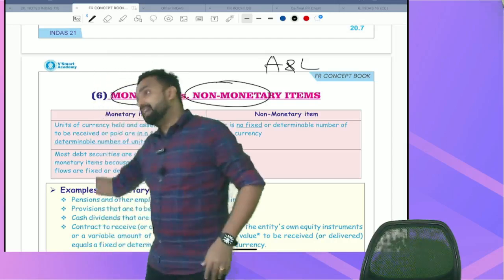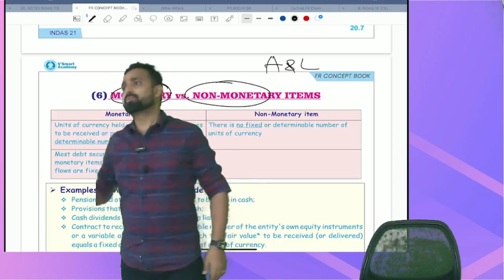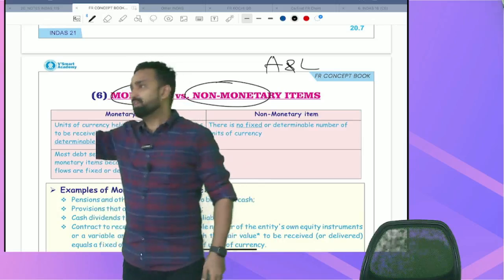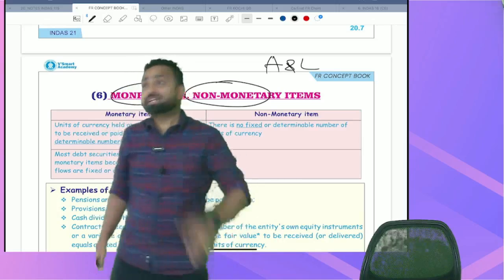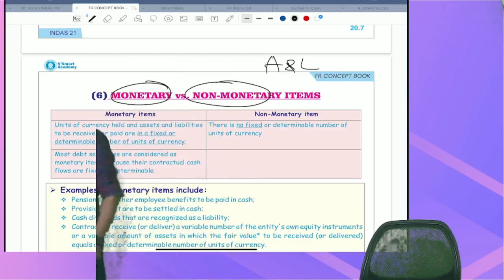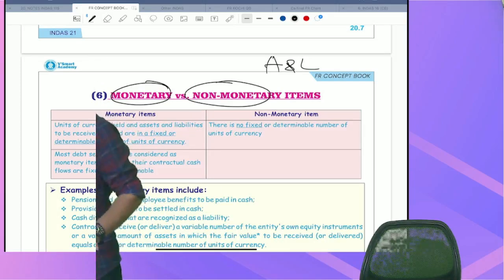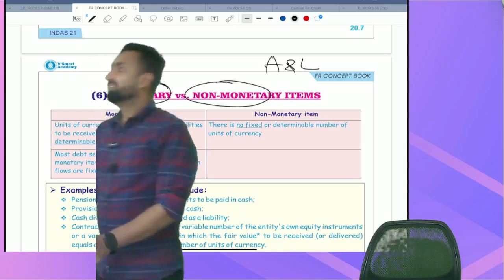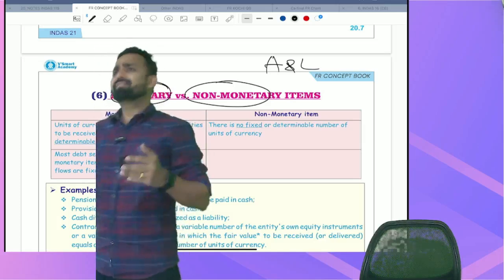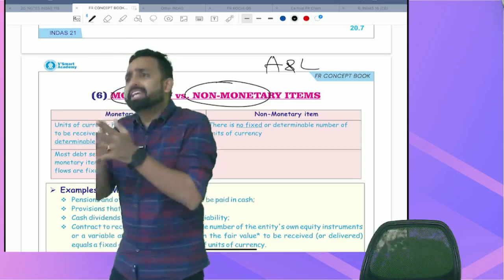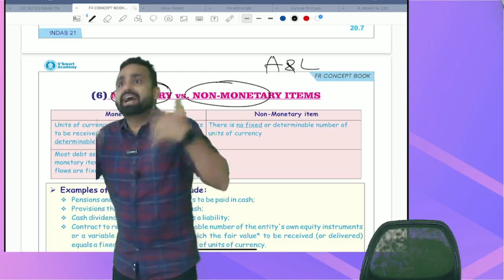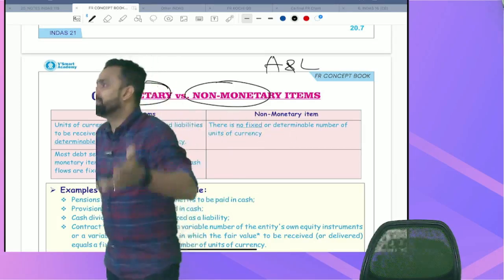Sometimes at fair value, like the Ind AS 16 revaluation model, or investment in equity at fair value through profit and loss. Sometimes at NRV, like inventory. What is the problem? There is no uniformity. Actually this is not a problem; basically the nature is different. This is why there are so many measurement rules.